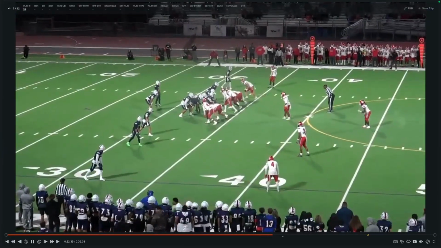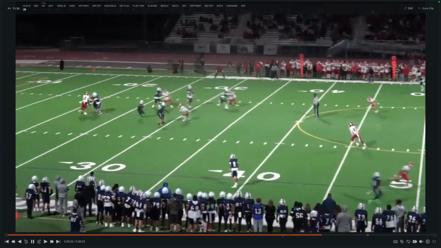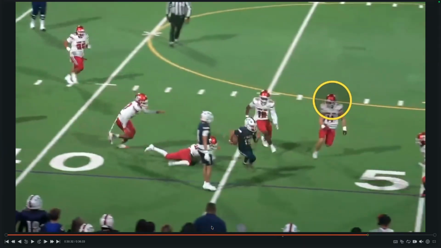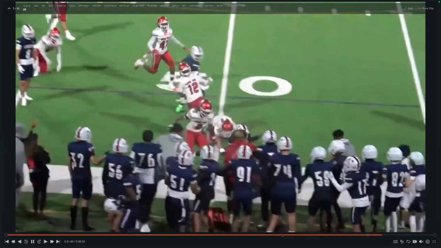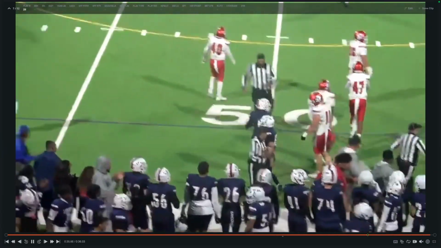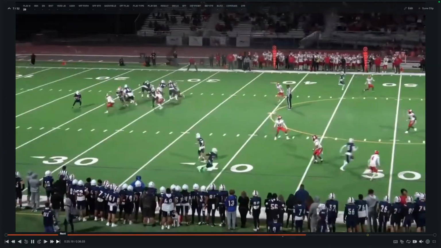Is the hit up high? The key here is this player starts going towards his own goal line. As soon as you see a player swimming upstream, going the opposite direction of everyone else, you've got to have your antenna up. And if somebody has their antenna up, we don't get this. Correct. Okay, ready for the next one?